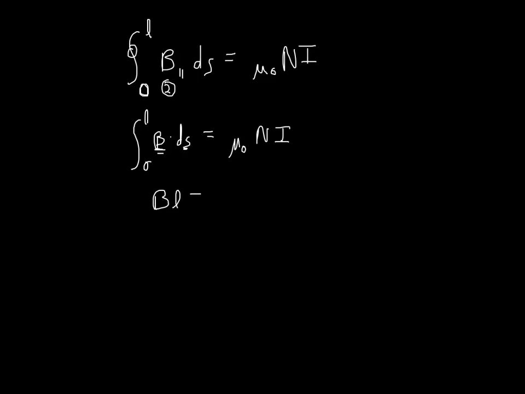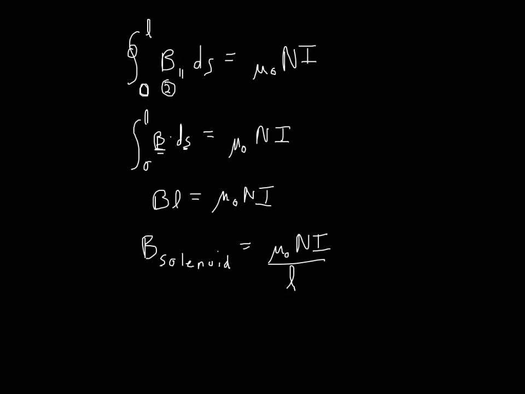So B times L is mu naught times n times I. And I finally find the final answer, the magnetic field of a solenoid is equal to mu naught times n times I divided by L.